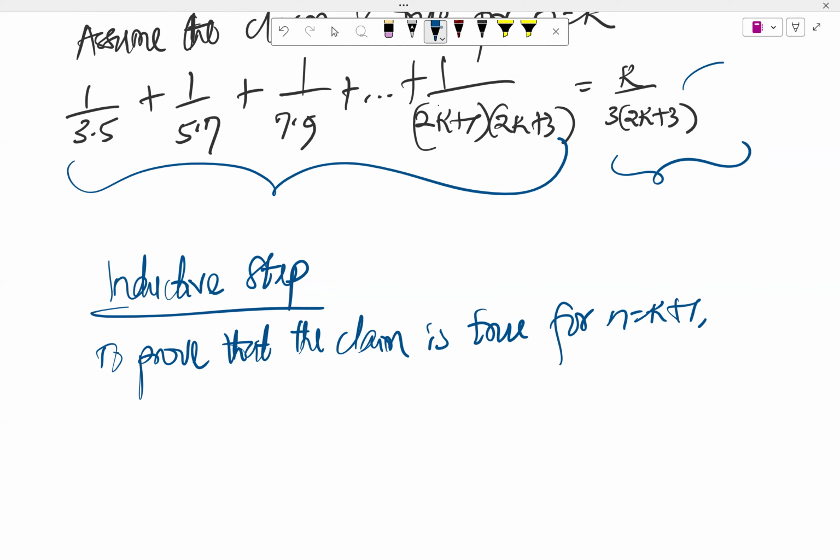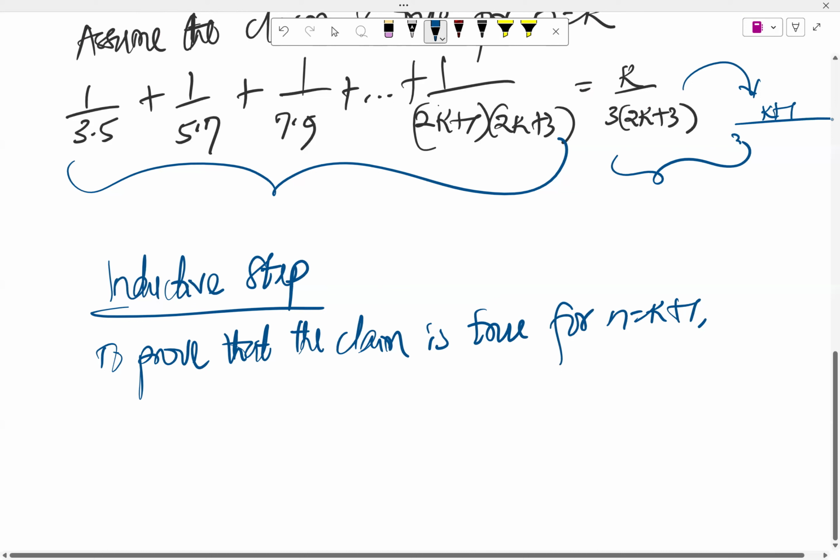You know you're correct if every k becomes k plus 1, so the k up there becomes k plus 1 all over 3 into 2 into k plus 1 plus 3. Once you have 2k plus 2 plus 3, that is 2k plus 5, then you know you're good to go.